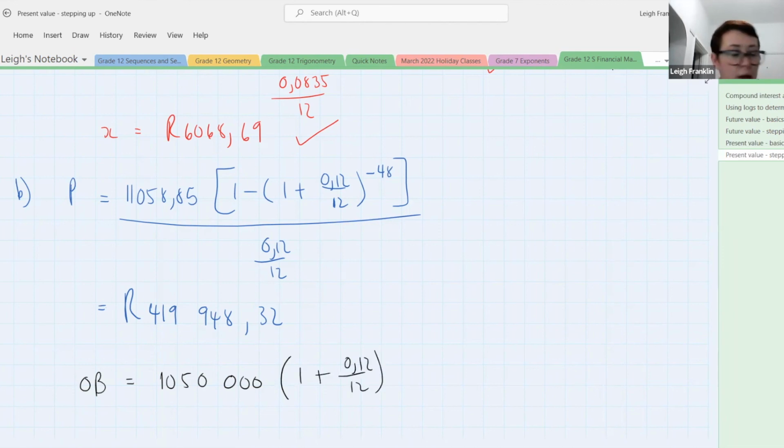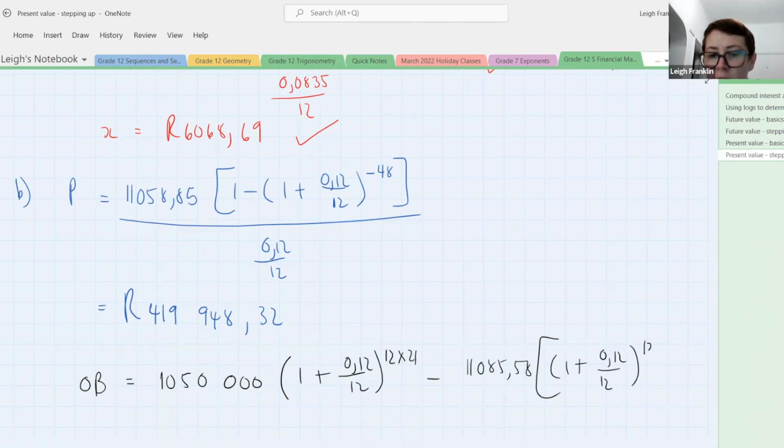Number 12, and he has made 12 payments a year for 21 years. Not that that's the number of payments, it's the number of times it's compounded, but there we go. 11085,58. This is now a future value. 1 plus 0,12. Sure, this is certainly a long method, isn't it?